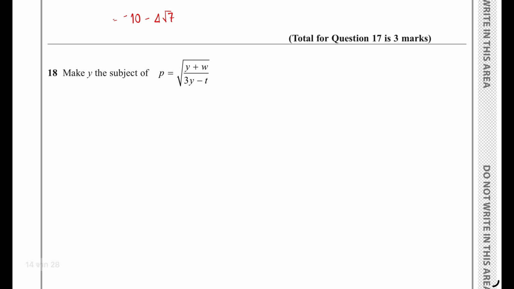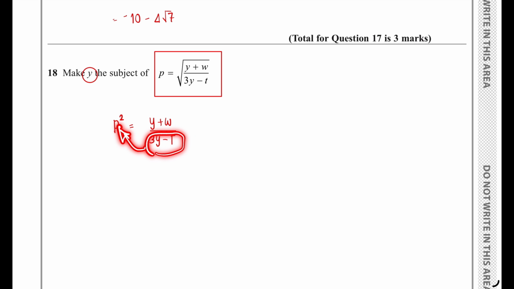Make y the subject of p equal to square root of (y plus w) over (3y minus t). So I will square both sides. So we'll have p squared equal to (y plus w) over (3y minus t). Then I will move this one to multiply with p squared.